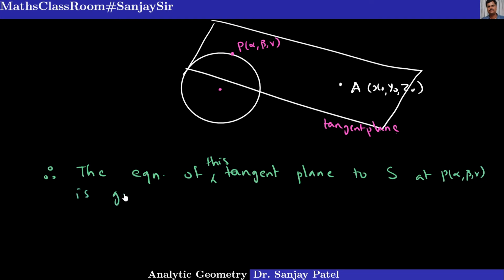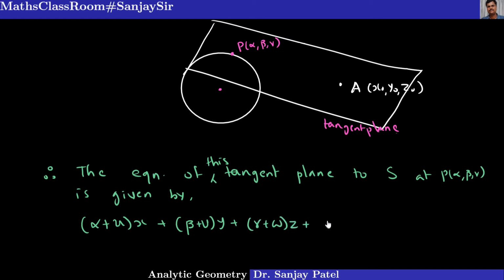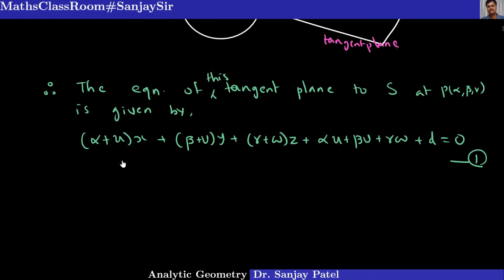It is given by, we know, (alpha plus u) into x plus (beta plus v) into y plus (gamma plus w) into z plus alpha u plus beta v plus gamma w plus d equal to 0. This is the equation of this tangent plane to the sphere at the point P(alpha, beta, gamma), which we have derived in our earlier lectures.